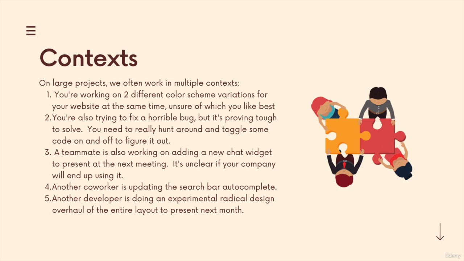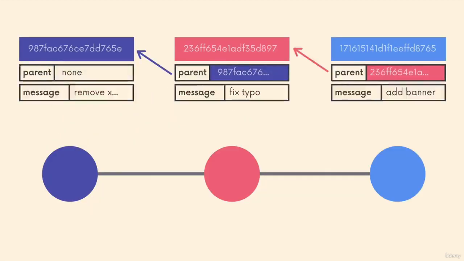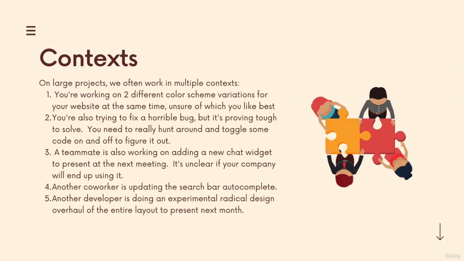If we all worked in a linear fashion, one commit after the next, this would be practically impossible. How could we be working on separate things, some of which break other people's code, right? If I'm trying to fix a horrible bug and deleting a bunch of code, removing files, I'm just making a mess, that's going to be a big problem if somebody else is trying to add a new feature.